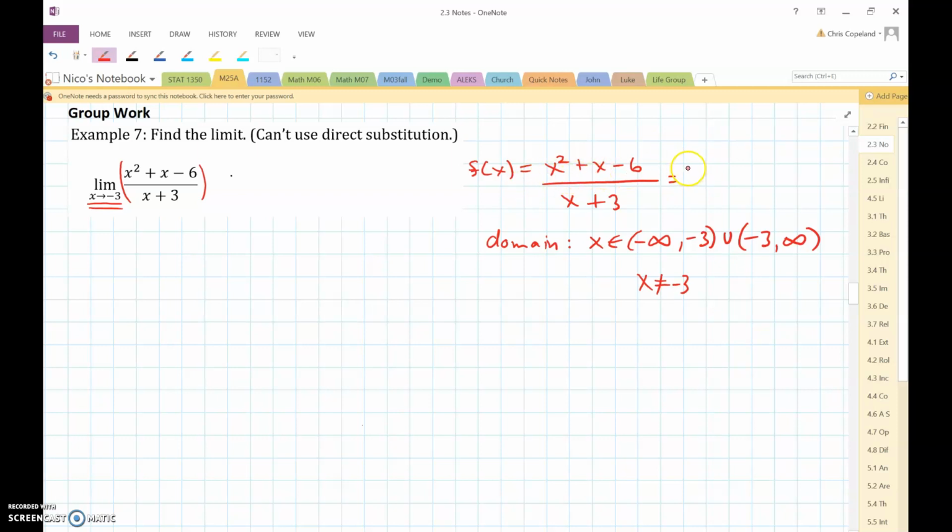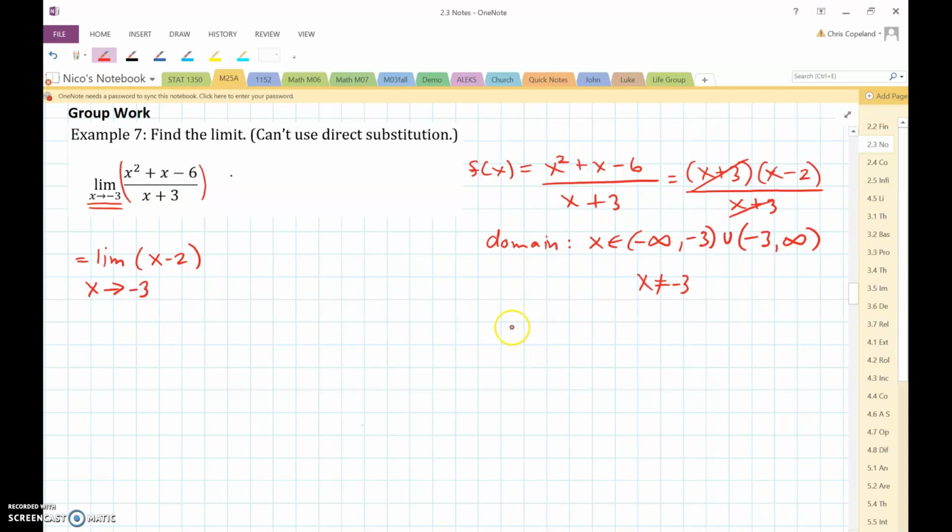So if we manipulate this function, the numerator, we can factor this to x plus 3 times x minus 2, all over x plus 3. Well, if we reduce this function, this limit could be equal to x minus 2 as x approaches negative 3.